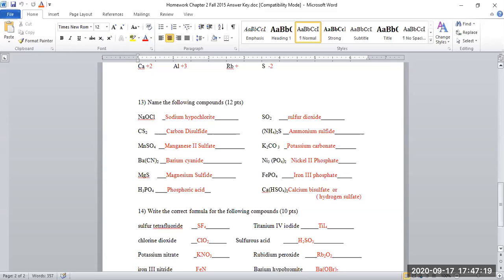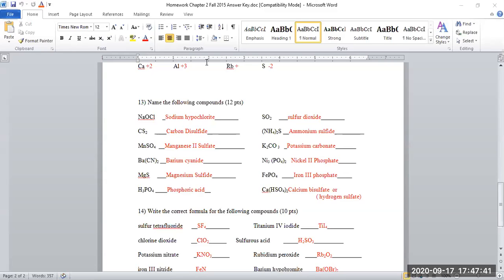Ammonium sulfide, the NH4 is one of the relatively rare polyatomics that is positive. Potassium carbonate, keeping in mind that the CO3 is the carbonate part. For the next two, we hit transition metals again.